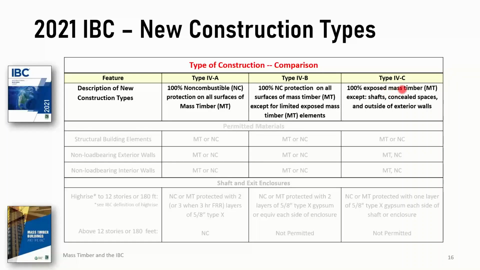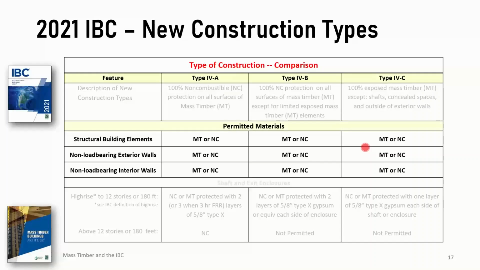It can all be exposed, except that's not true completely either, because some critical features in the building still need the non-combustible protection, such as shaft walls and concealed spaces. If there's mass timber in concealed spaces, that has to be protected. Materials, MT is mass timber, NC is non-combustible.